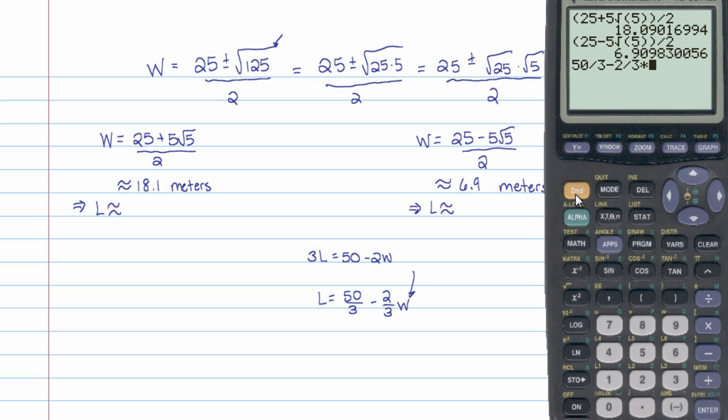In fact, you sometimes can use second answer to use the last number that the calculator got. So this one will actually calculate the length for the fencing when the width is 6.9 meters. So that'll be 12.06, or in other words 12.1 if I round to the nearest tenth.